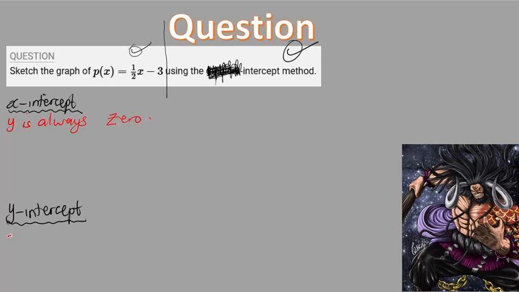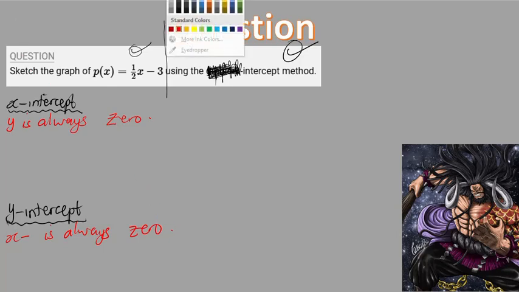On the y-intercept, x is always 0. On the x-intercept, y is always 0. On the y-intercept, x is always 0.